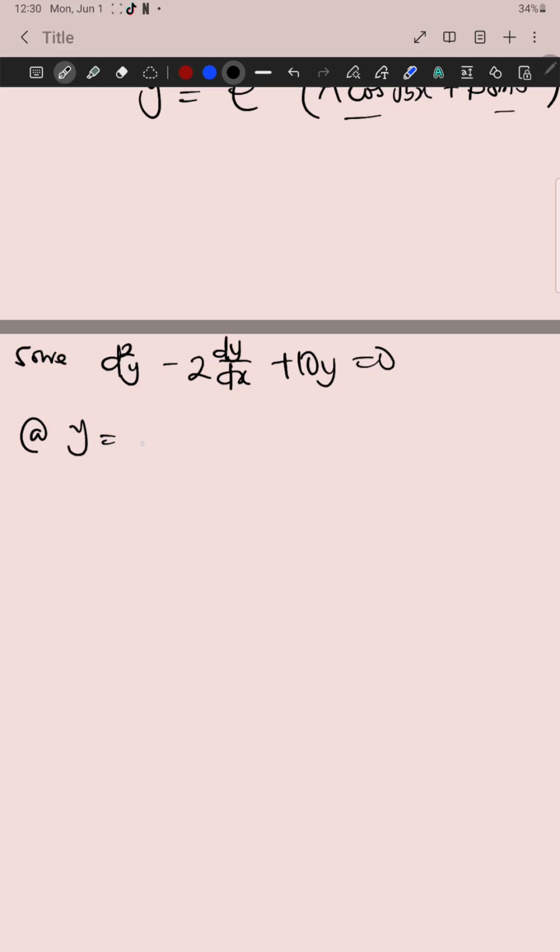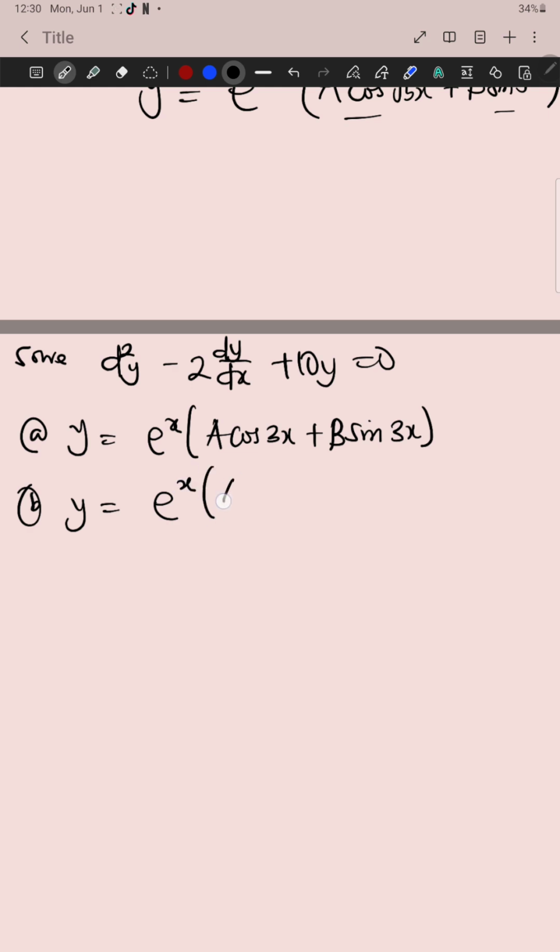Options: A, y equals e to the x times a cos 3x plus b sin 3x. B, y is equal to e to the x times a sin 3x plus b sin 3x.